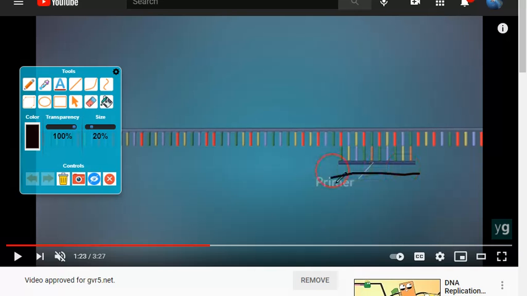So if I asked you what this end of this nucleotide is, you should be able to tell me that this would be the 5' end. And now this is the important part, because I have a nucleotide here that is a 3' end. This next enzyme we're going to see can add DNA nucleotides, but it has to add DNA nucleotides to a 3' end of a nucleotide that's already on there.